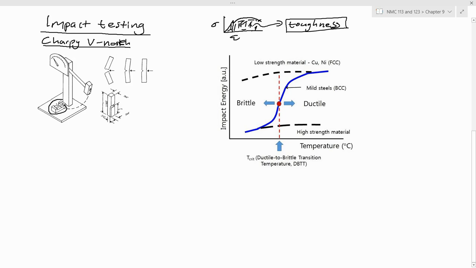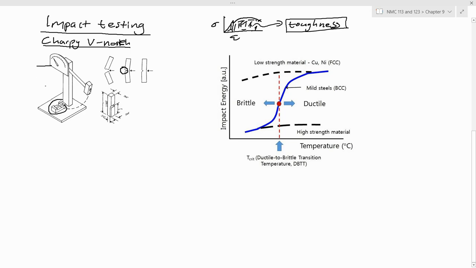The macro crack or V that has been made on the material faces in the other direction, and then there's a pendulum that swings and hits the material and breaks it.